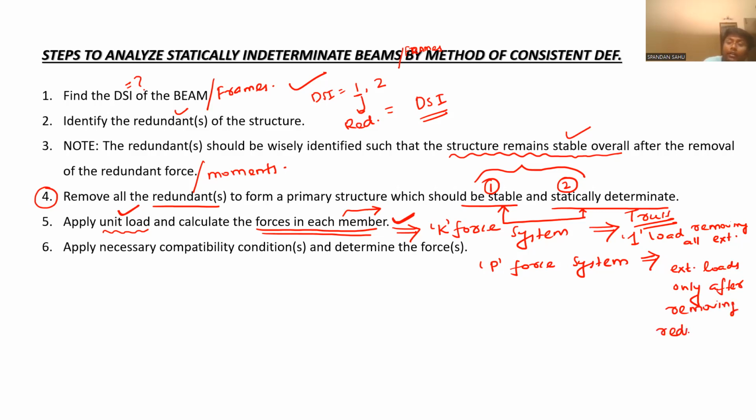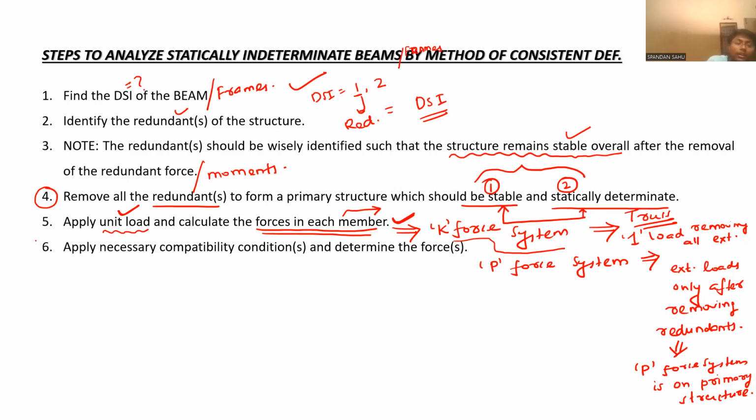Redundant. Means the P force system is on the primary structure, and the K force system is also on the primary structure, but removing all those external loads.